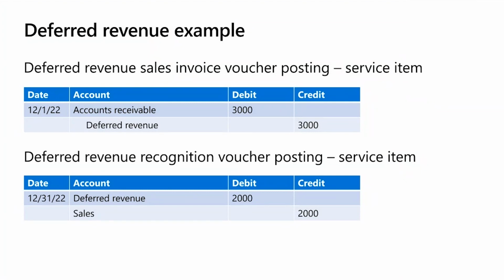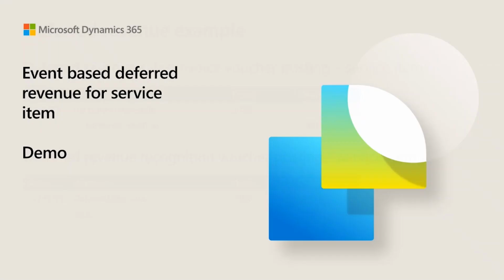So in this case, similar to what we saw before, at invoice time, we'll debit our accounts receivable account, we're going to credit our deferred revenue, and then at the time we have our recognition event, whatever point that is, we'll then see the deferred revenue and the sales get recognized. So we'll move out of deferred revenue and into our revenue account. So we'll jump into that example and take a look at that.